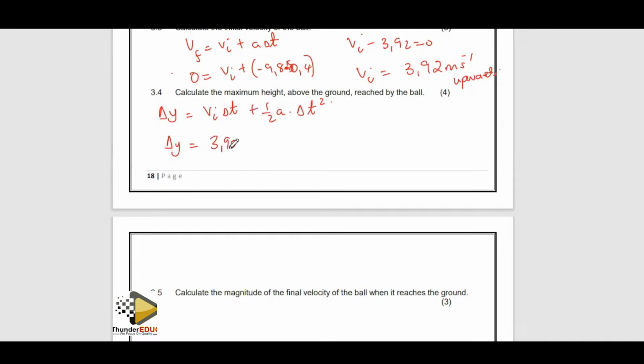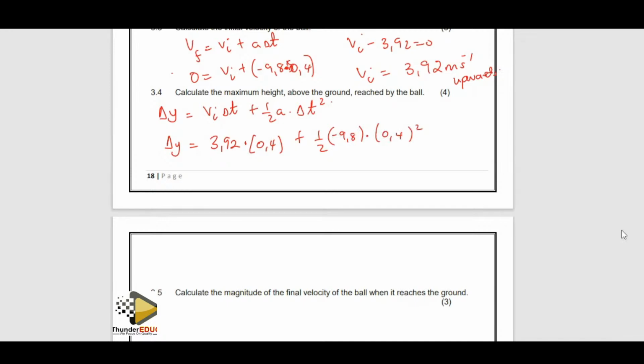So guys, regardless of what value you get, for as long as that value is going to be used in the next question, please use it, even if it's wrong. It will do you some good for consistency's sake. So the time was 0.4 seconds plus a half. Since the direction of projection was upwards, a is going to be negative 9.8, and then we're multiplying that by 0.4 squared.